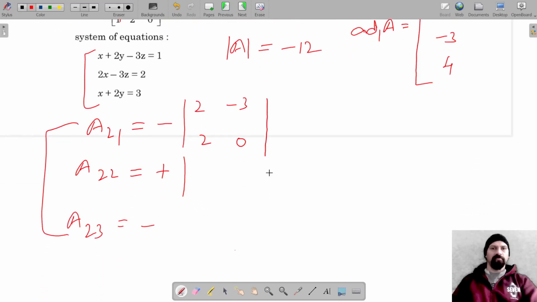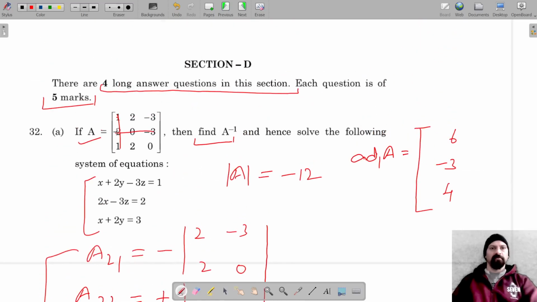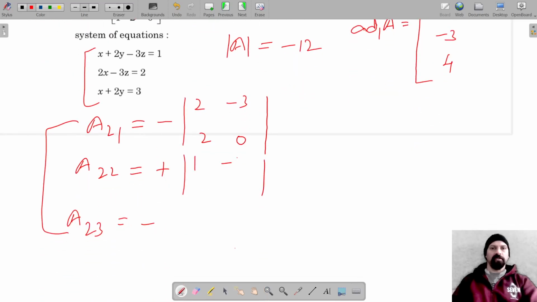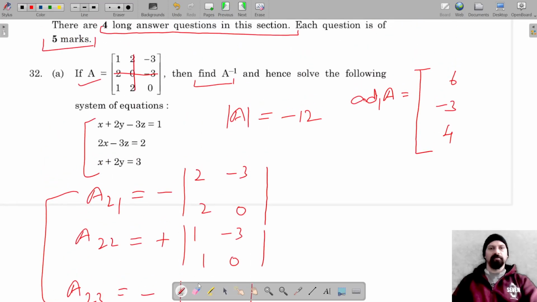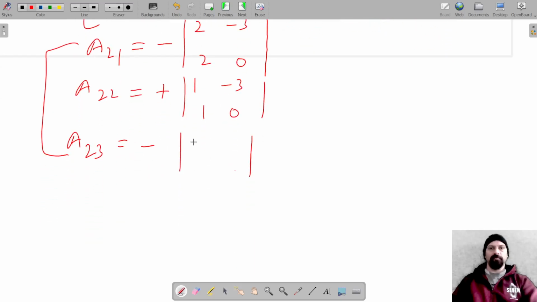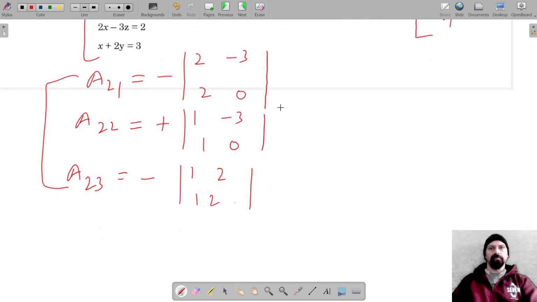Removing the second row and the second column leaves 1, negative 3, 1, and 0. Removing the row and the column for the third one leaves 1, 2, 1, 2.